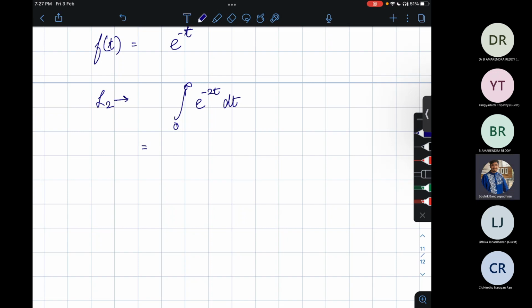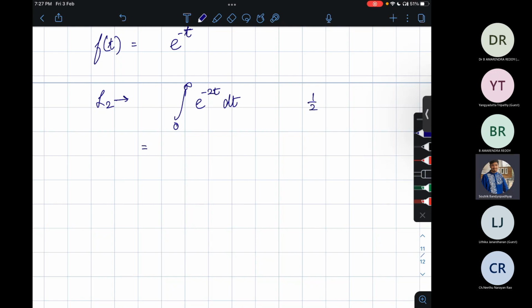If you have a paper and pen lying around, feel free to solve this. It is finite. What would be the value? Half.